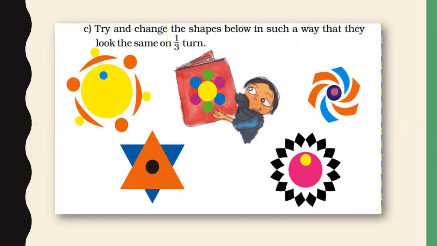That way, alternatively, if we give the colors, this figure also will look the same on the 1/10. And this fourth figure, there is no correction. This figure itself is looking the same on the 1/10, and we don't have to do any correction here.